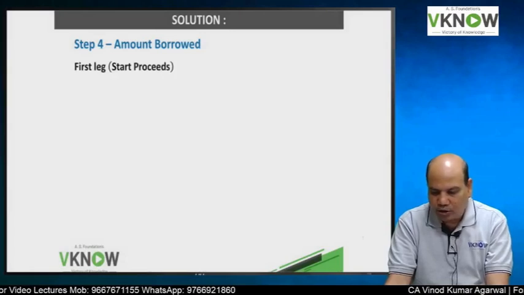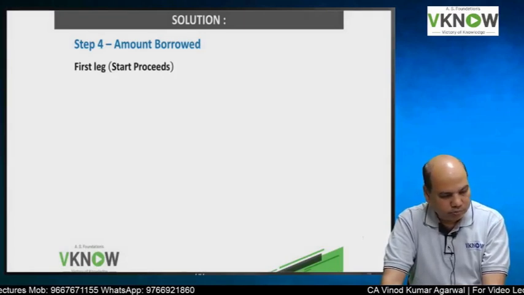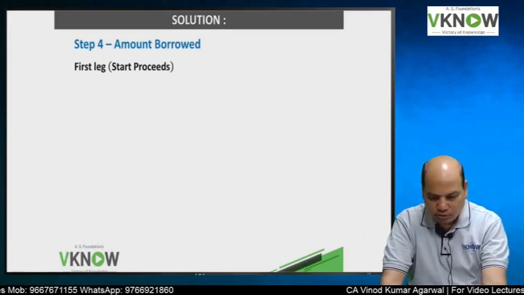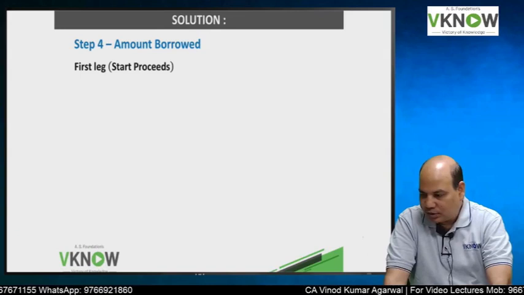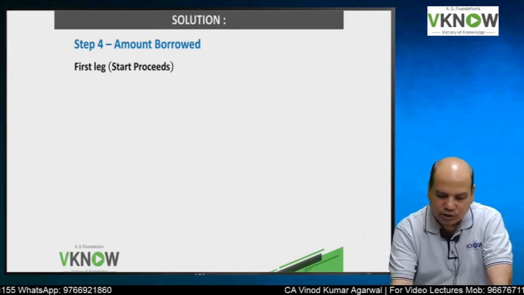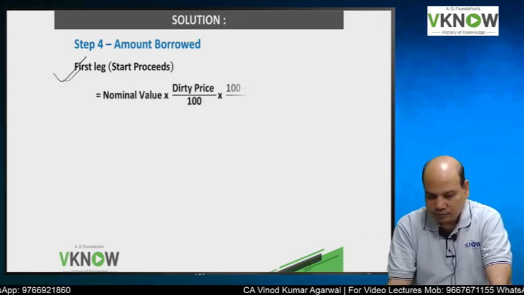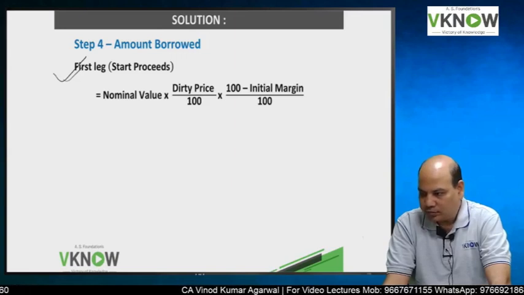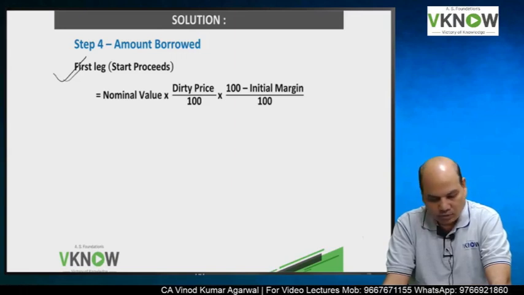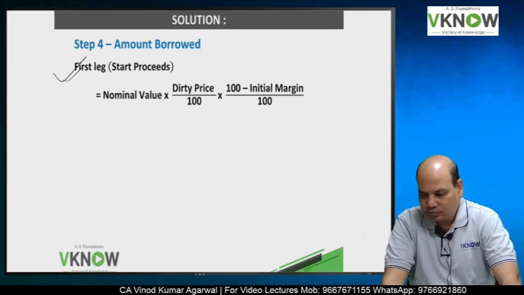Then step 4, write down amount borrowed. Amount borrowed is equal to, in bracket, first leg, or in bracket start proceeds. Whatever terminology they use in the exam, you follow that. Nominal value into dirty price divided by 100 into 100 minus initial margin upon 100.